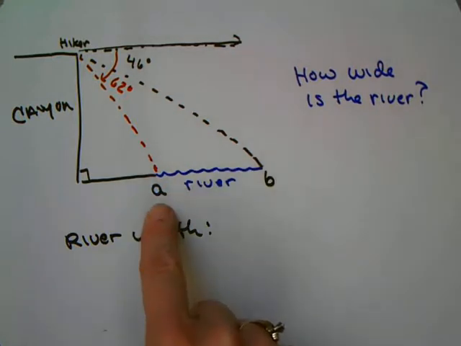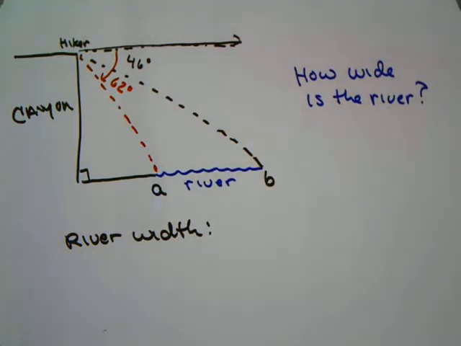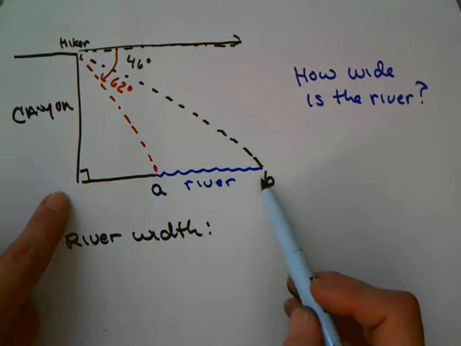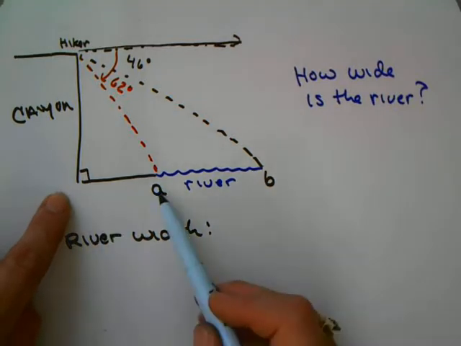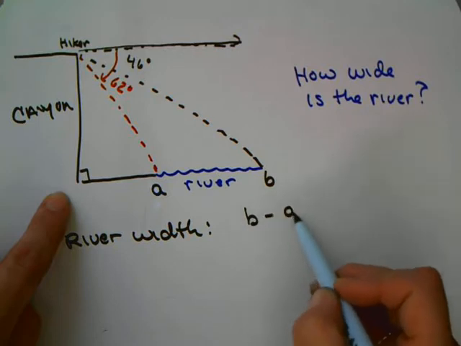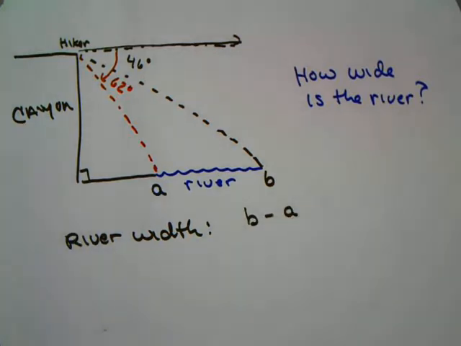If he looks down to side B of the river, he only looks down 46 degrees. We want to find the river width. I'm sure all of you would agree if we knew this length from here to here and this length from here to here, we could say the width would be B minus A. Okay? So how would I find this length?